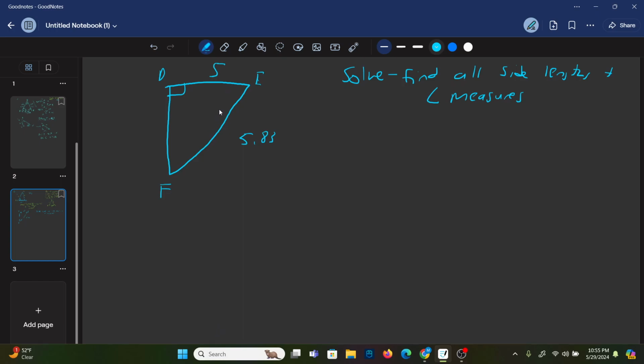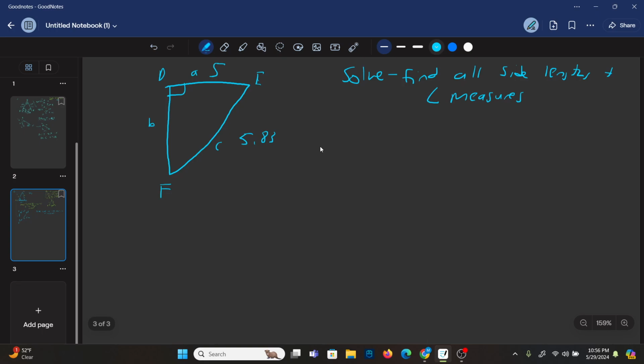We have two sides and the angle. How we solve this is we can actually use the Pythagorean theorem. In a triangle with sides A, B, and C, C is the hypotenuse.